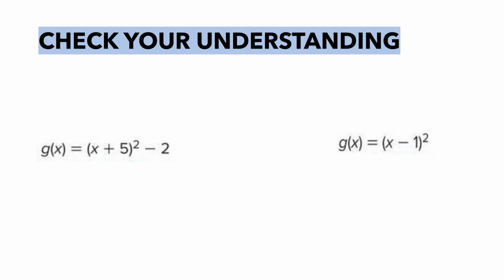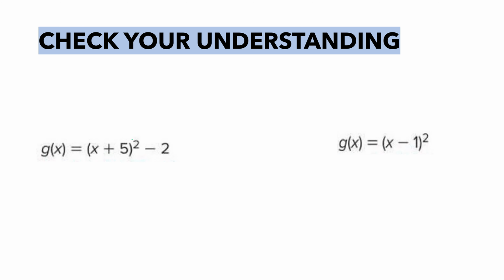Here, I would like you to check your understanding using those 2 questions. I would like you to pause the video here, but for now, I will answer the questions. So g of x equal x plus 5 squared minus 2. We said if it's inside the bracket, it will move either right or left.